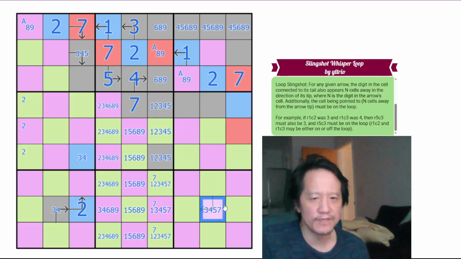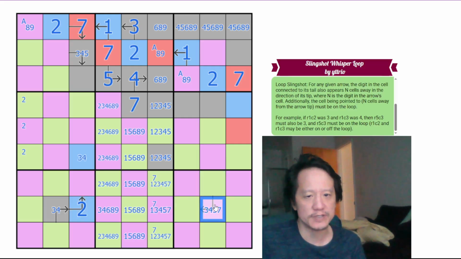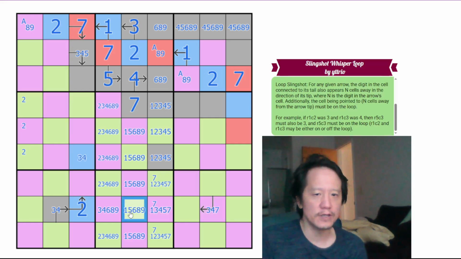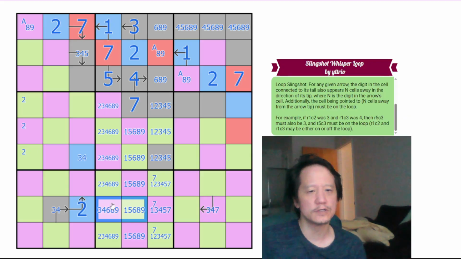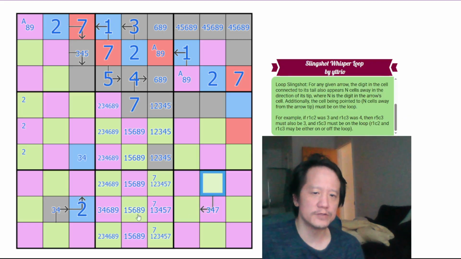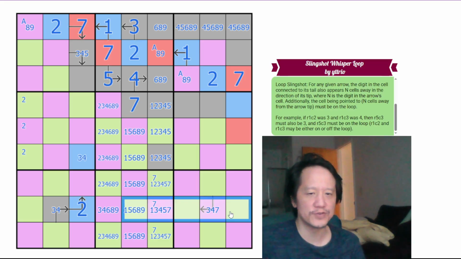This cannot be 5. If this is 5, that would force this to be a 2, and this would be the same as that digit, which is not possible. So we have a 3, a 4, or a 7, which is on the loop. Interesting. So if it's 3, this matches a 1, because that's the only low possible, that's 3 away here.